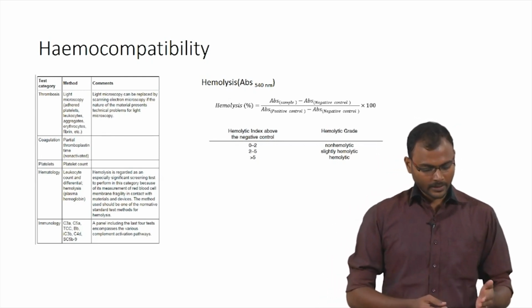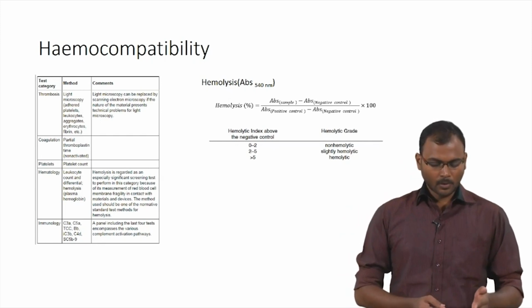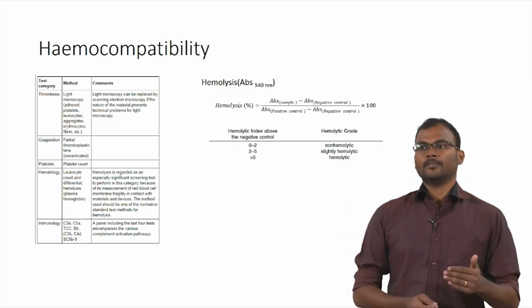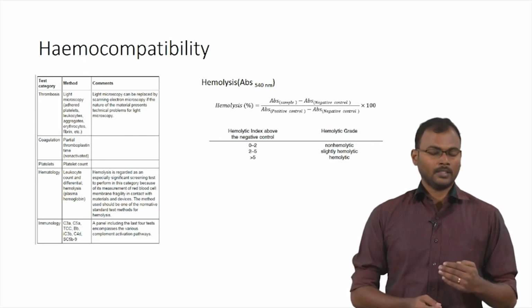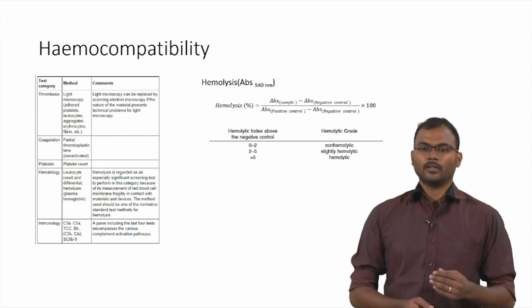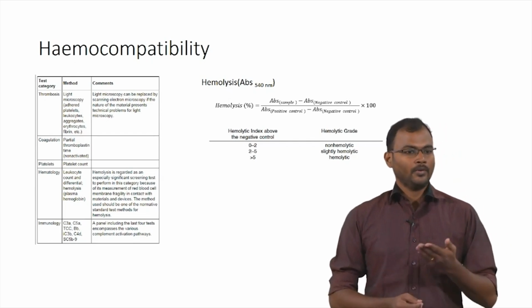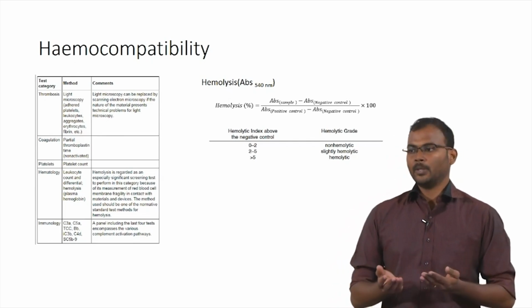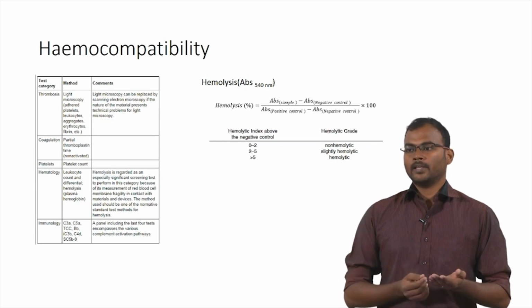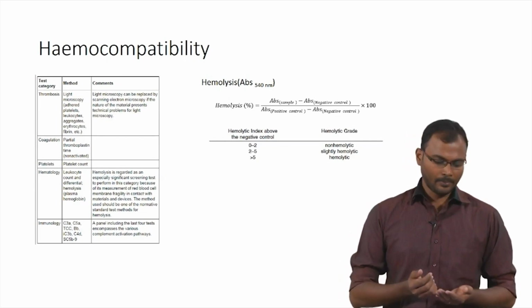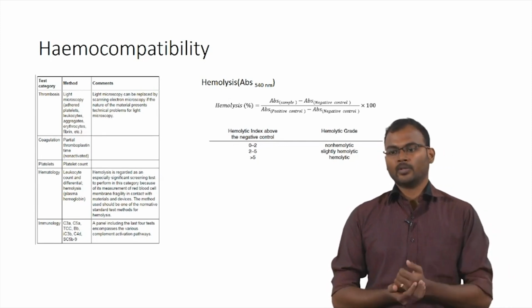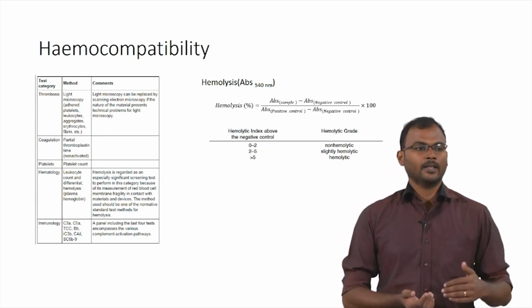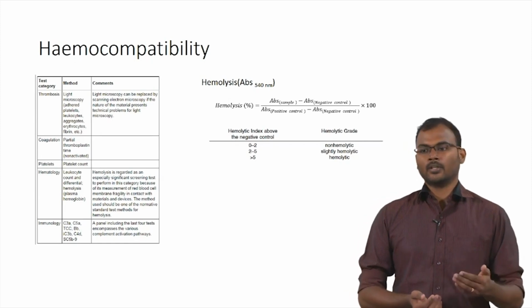Other than these methods, there is the partial thromboplastin time, which is to estimate the time required for thrombus formation. You have your control material and your sample material, you put your blood sample on both of them, and you add a coagulation factor to both of them, which will lead to thrombus formation.